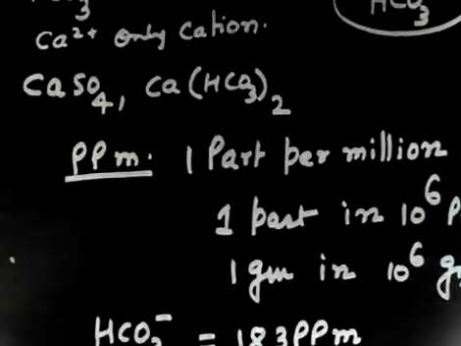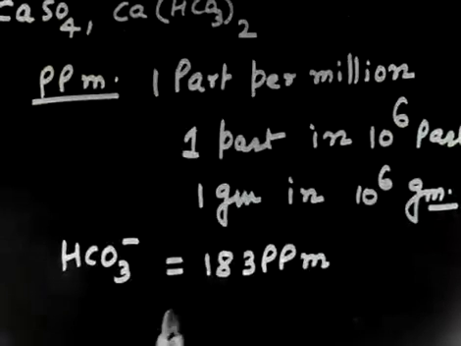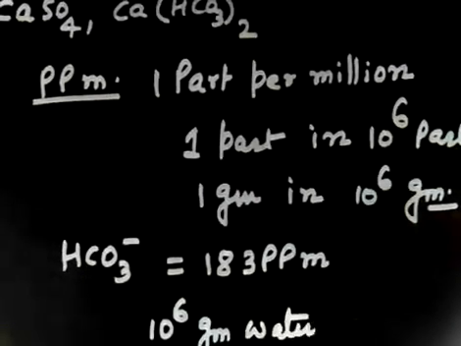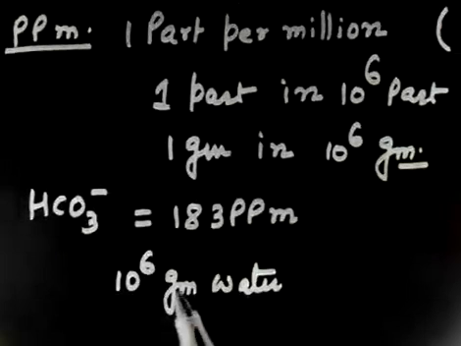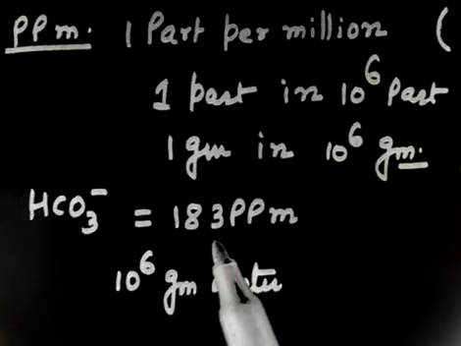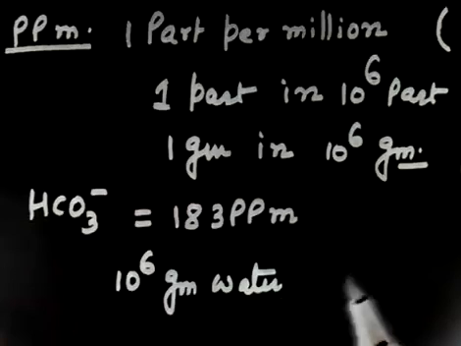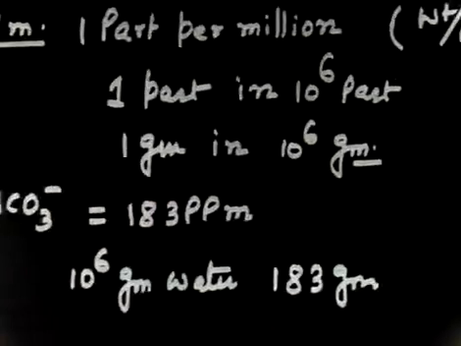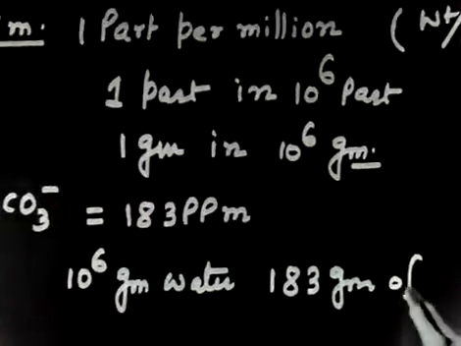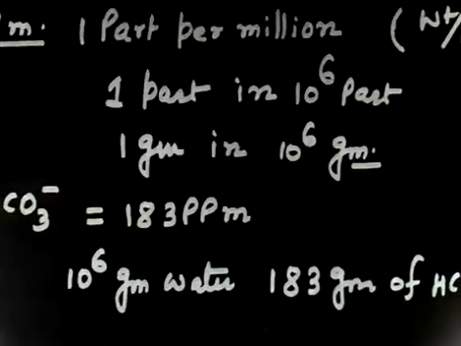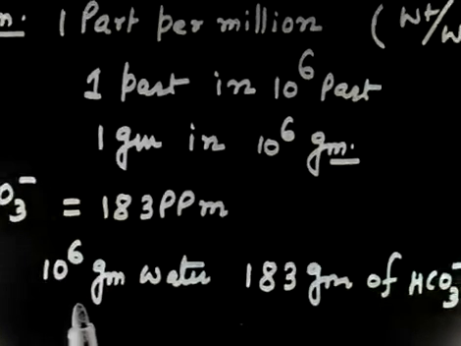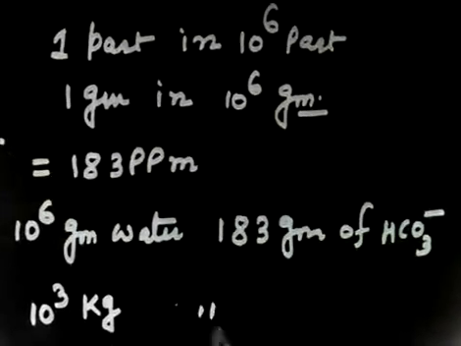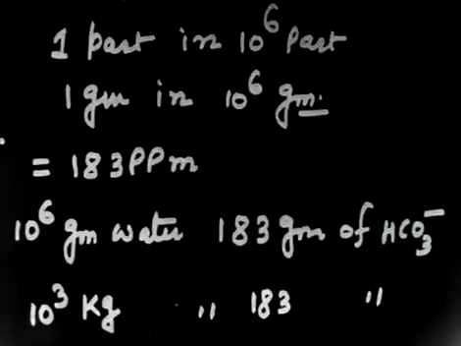This means 10 to the power 6 gram of water will contain 183 gram of HCO3 minus. And 10 to the power 6 gram is nothing but 10 to the power 3 kg. So 10 to the power 3 kg will contain 183 gram of HCO3 minus.